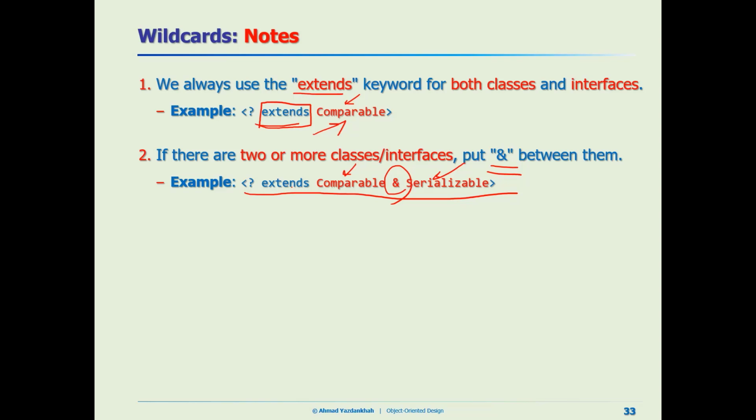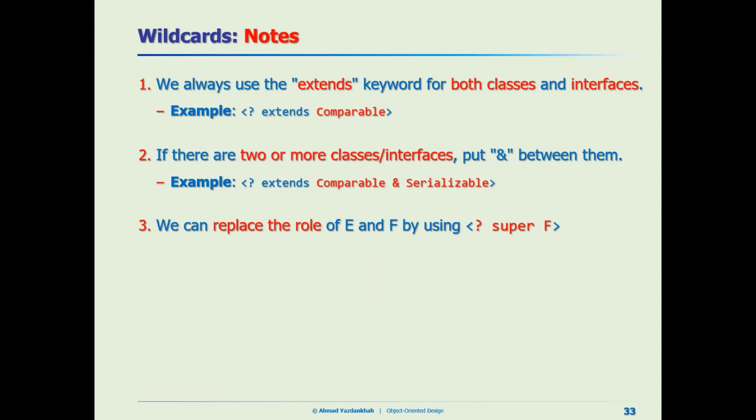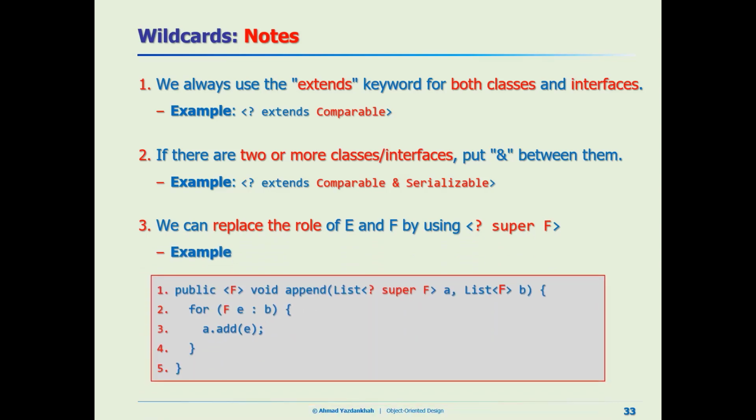Also, in the previous example, we could replace the roles of E and F, and we could actually eliminate the E. How could we do that? Look at this code.